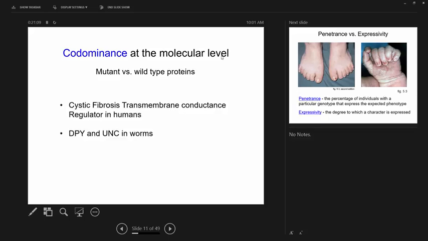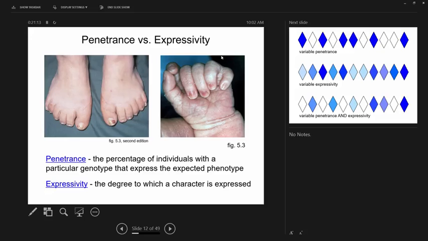All right. So now we're going to talk about penetrance and expressivity. These can mess around with the phenotype ratio that you would expect. When you have penetrance and expressivity, what occurs is that not every individual with a certain genotype will get the phenotype that you would expect.